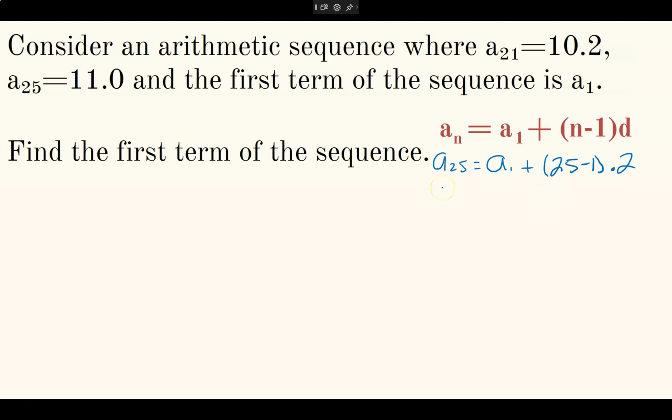All right. What is a sub 25? We know that value. What is it? It's 11. So I can say 11 equals my first term plus 24 times 0.2. What is 24 times 0.2?